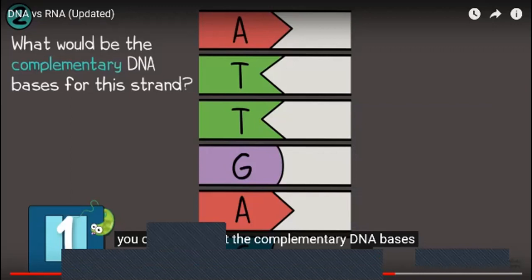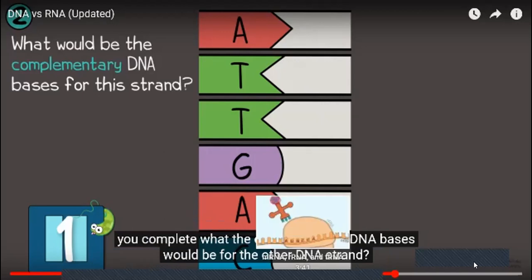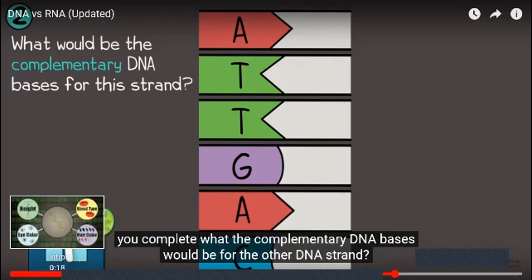Ma'am, the strand would be TAACTG. Okay. So I hope others understood why: in the other strand, A is complementary to T and vice versa, and G is complementary to C. So that's all from my side.